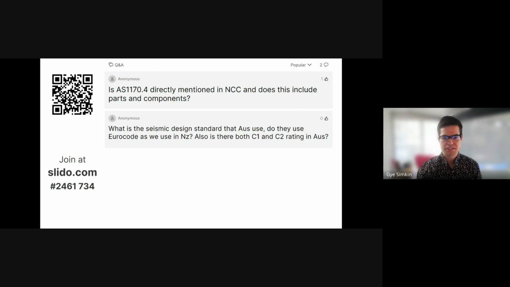What is the seismic design standard that Australia uses? And do they use Eurocode as we use it in New Zealand? Also, is there both C1 and C2 rating in Australia? Oh, great question there. So the seismic design standard is that Australian 1170.4.